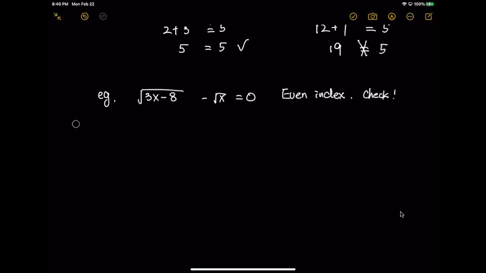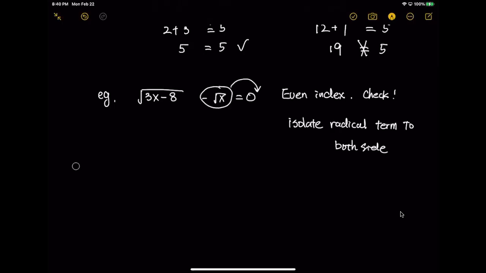You want to isolate the radical term, or the radical roots, to both sides. So that means I want to move this one to the right side of the equation by adding square root of x. Okay, guess what's next? Yes, we square both sides.